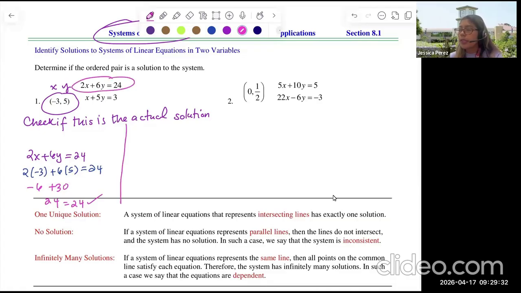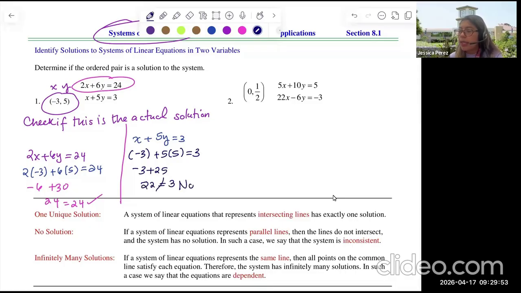Now we have to do it for the second equation. x plus 5y is equal to 3. Well, now we're substituting the value -3 plus 5 times 5. Does that give you 3? And here I get -3 plus 25. That's positive 22. Does that equal 3?